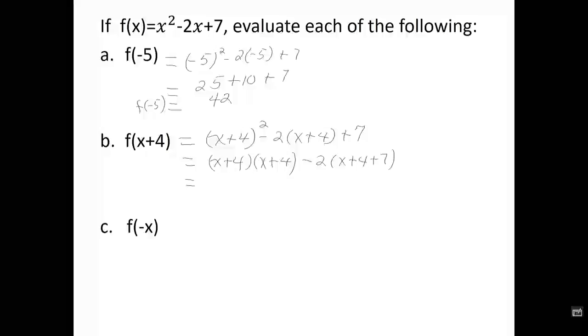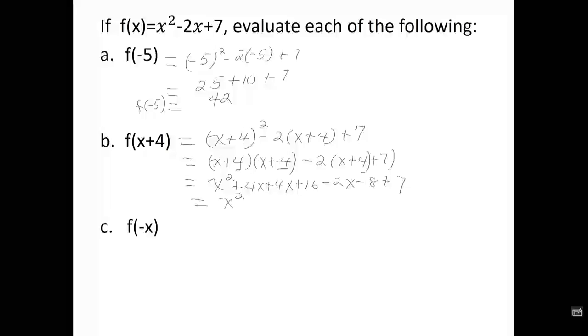Let's simplify, doing the multiplication first. That's x squared plus 4x plus 4x plus 4 times 4, 16. Minus 2 times x is minus 2x. Minus 2 times a positive 4 is negative 8, plus 7.